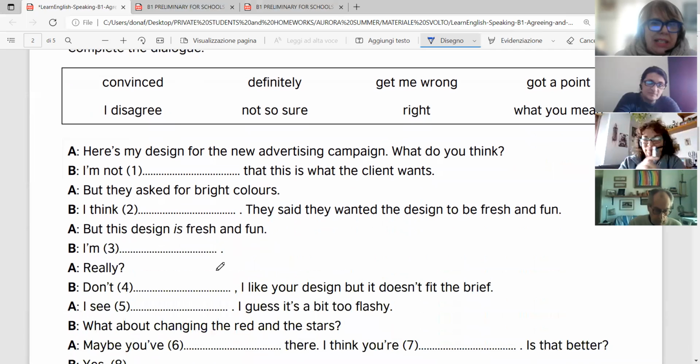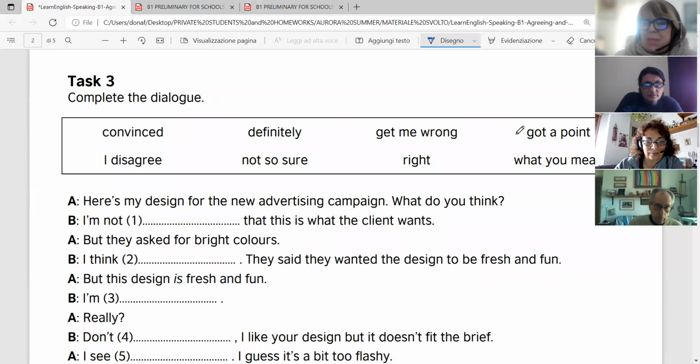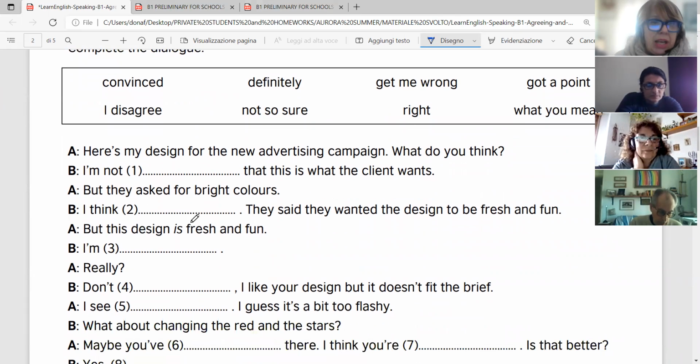Now, let's complete the dialogue by putting in all the expressions that we just practiced: convinced, definitely, get me wrong, got a point, I disagree, not so sure, right, what you mean. And we put them in the right part of the conversation.